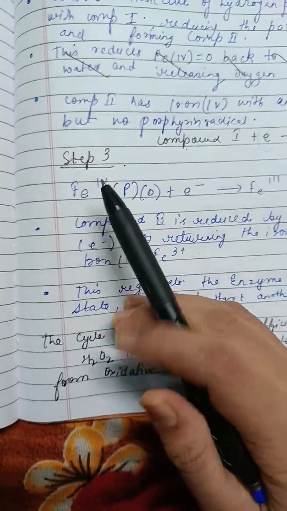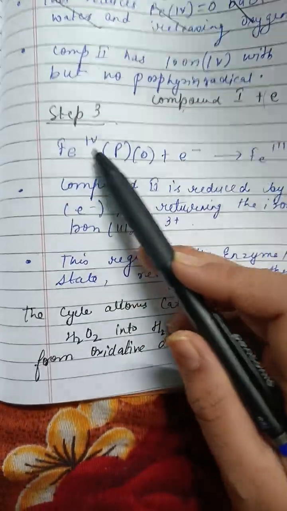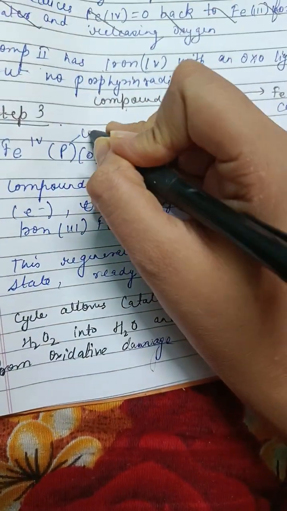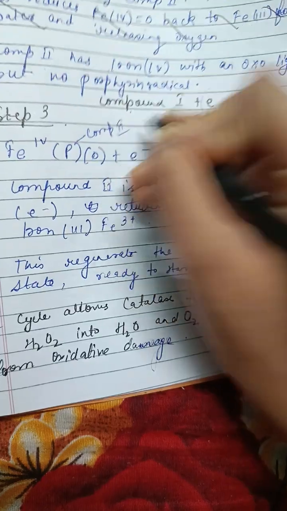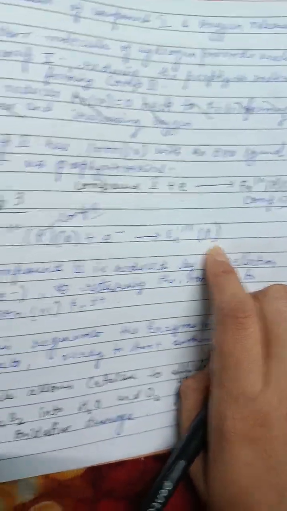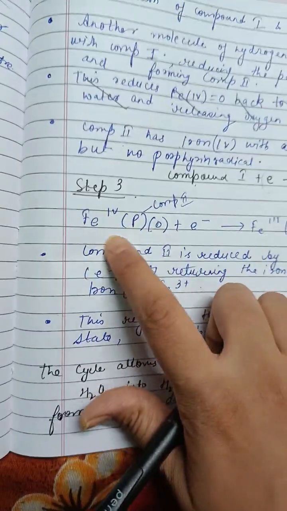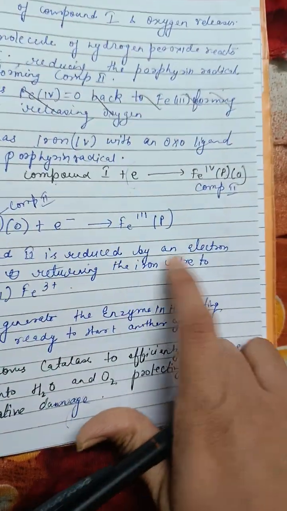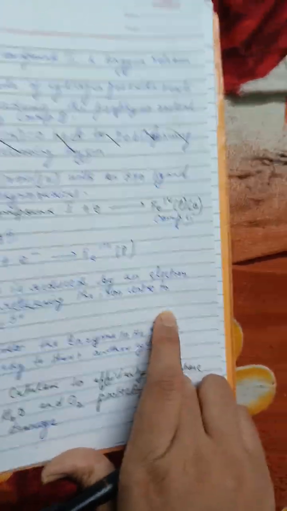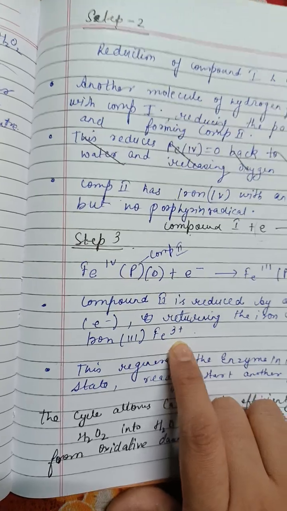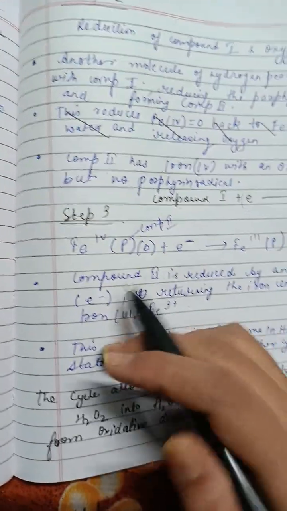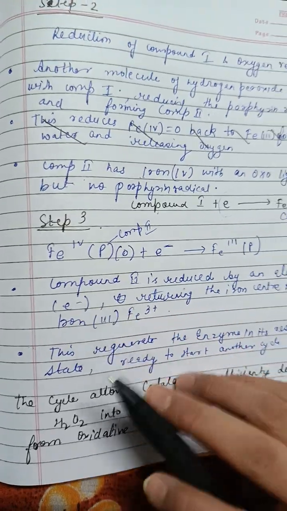In step 3 we have Fe4+=O, which is your compound 2. Compound 2 is reduced by an electron returning to the iron center, giving Fe3+P. Here the e minus represents that this compound is getting reduced.